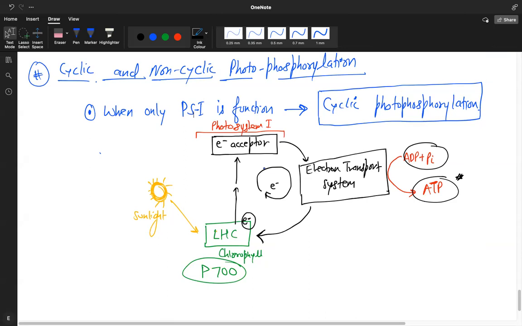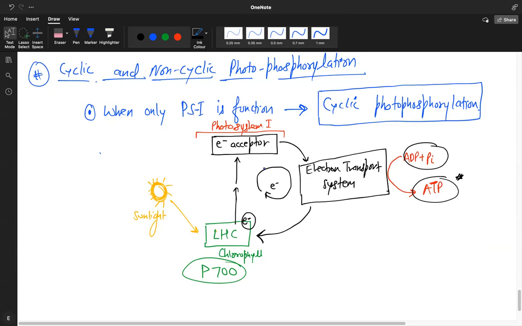Then will it undergo cyclic or non-cyclic photophosphorylation? Is my question clear? Could you repeat, please? If I take a plant having both the photosystems, but the only light I am giving is red light having 700 nanometers of wavelength, which photophosphorylation will take place, cyclic or non-cyclic?